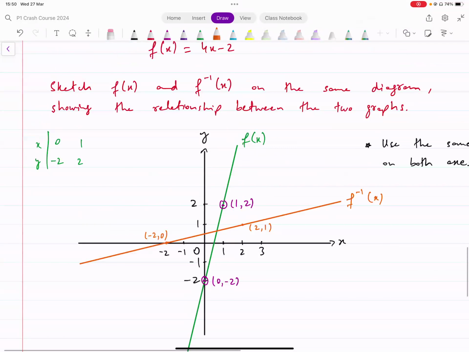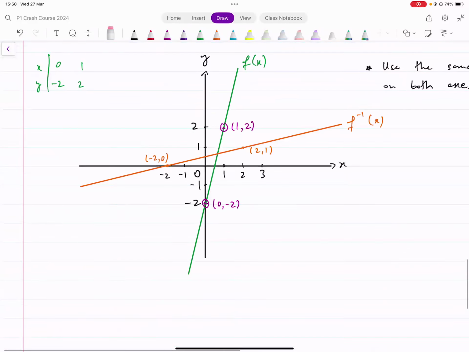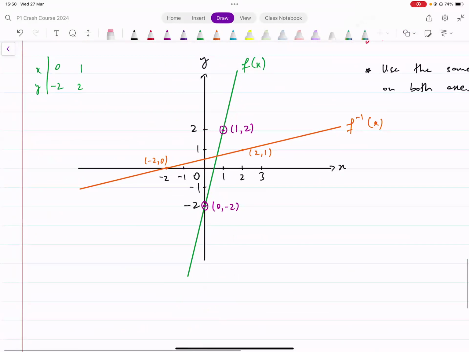Now, if you remember your O-level transformations, we will actually need them in this topic as well when we do function transformations. Remember when this used to happen? When did xy used to become yx when you did transformations? When did the coordinates used to interchange like this? This used to happen when there was a reflection in the line y equals x. So these two graphs are actually reflections of each other in this line y equals x.